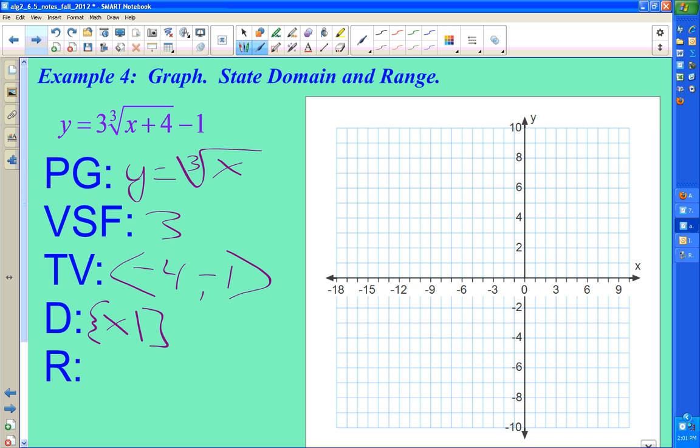Domain? Negative infinity to positive infinity. There's no need to even look at the graph for this, because it's always going to be negative infinity to positive infinity, both range and domain.